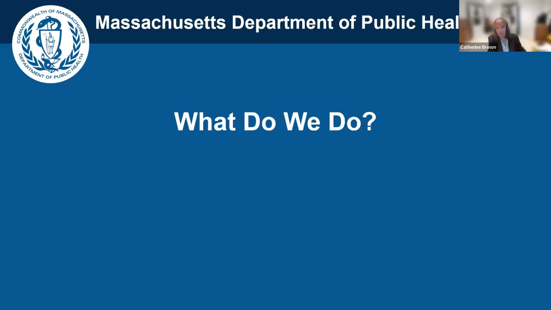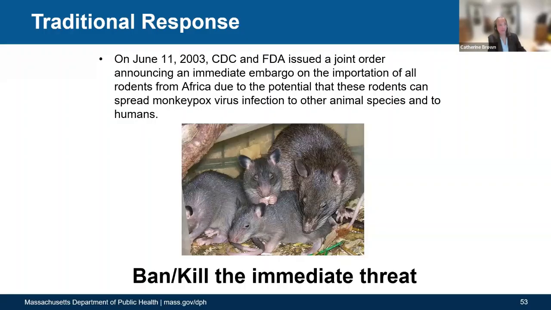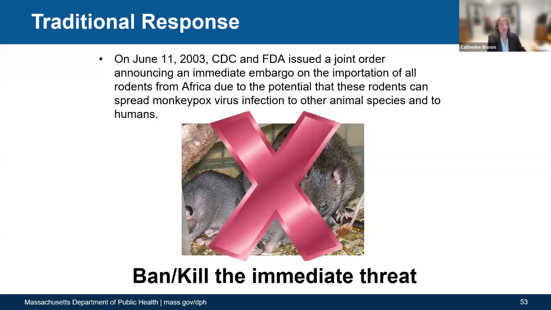So what do we do with all of this information that I've just told you? The traditional response is to either ban the animals or kill the animals. That monkeypox story that I told you, with the importation and giving the disease to prairie dogs who gave it to humans, right?